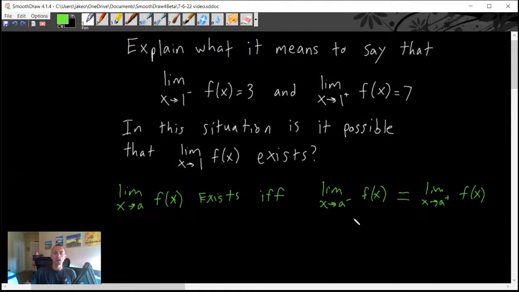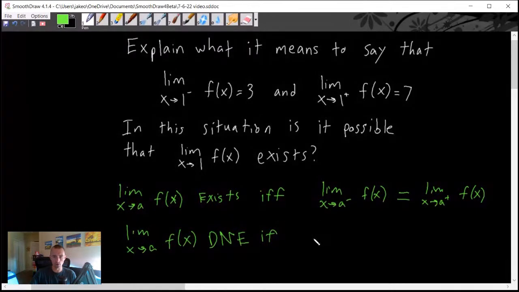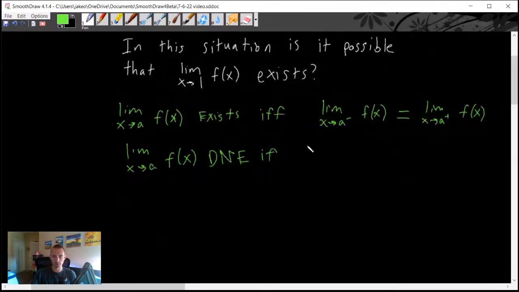Okay? If one of these one-sided limits does not exist, or if they don't equal each other, then our two-sided limit does not exist. So the limit as x approaches a of f of x does not exist if either of these two don't exist, or if they're not equal. So there are basically three situations that can cause that.